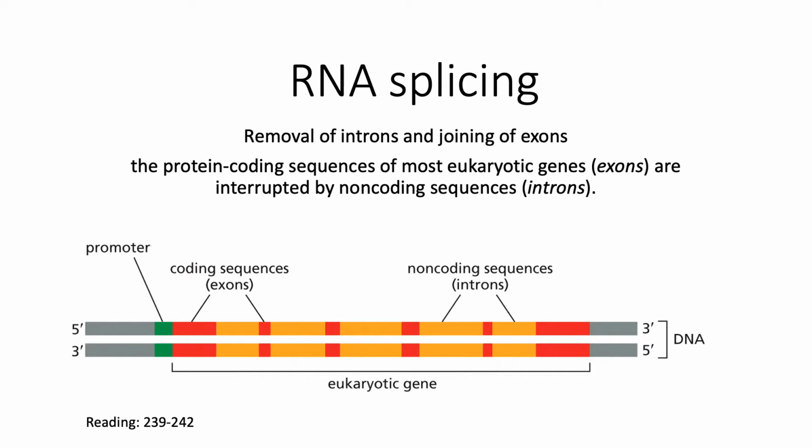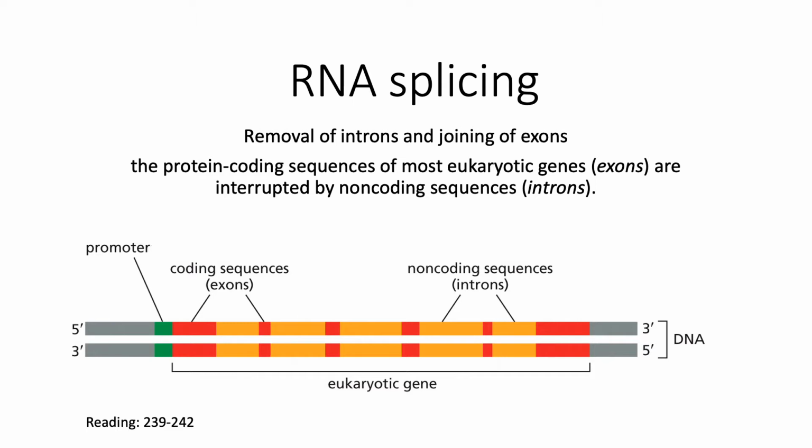In order to code proteins, you have to have the codons lined up one after the next for each amino acid to be linked together. And for some odd reason, the coding sequences are split up on the gene. They're not linked together.